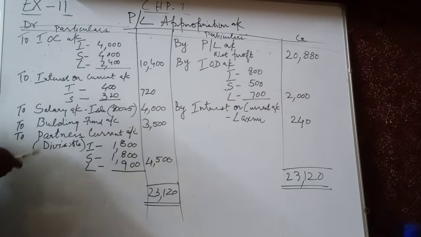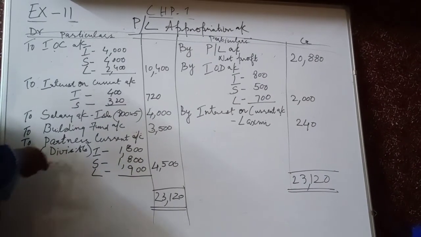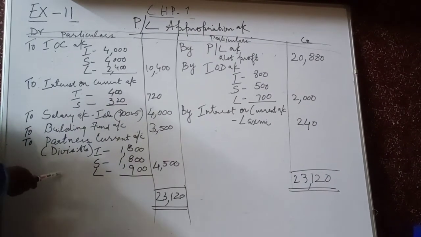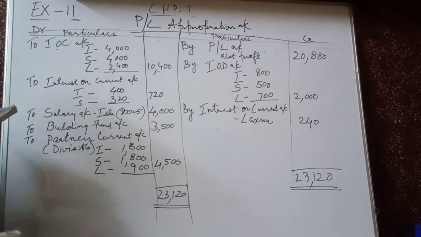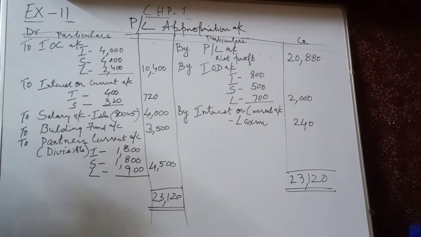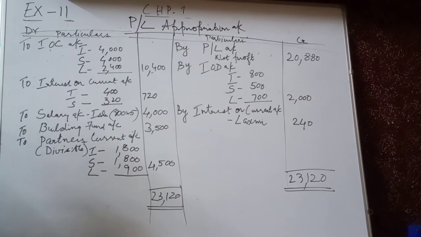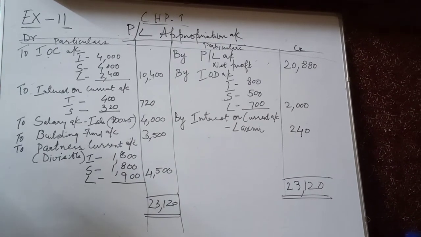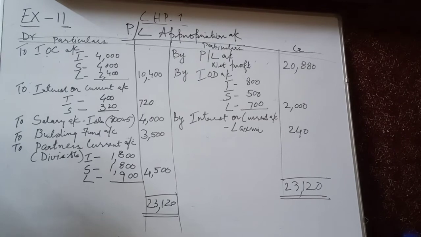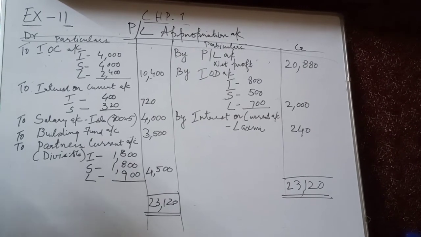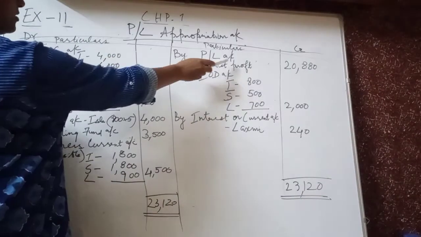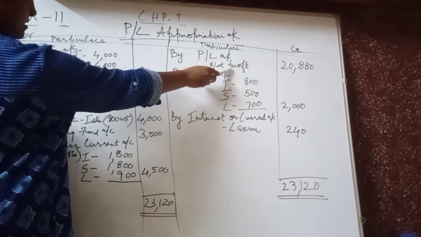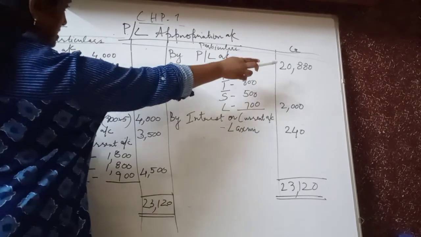Based on the calculations we did, let us now see how we can prepare profit and loss appropriation account. Towards the credit side, in the question the information which is given is the profit of the year ending is 20,880.